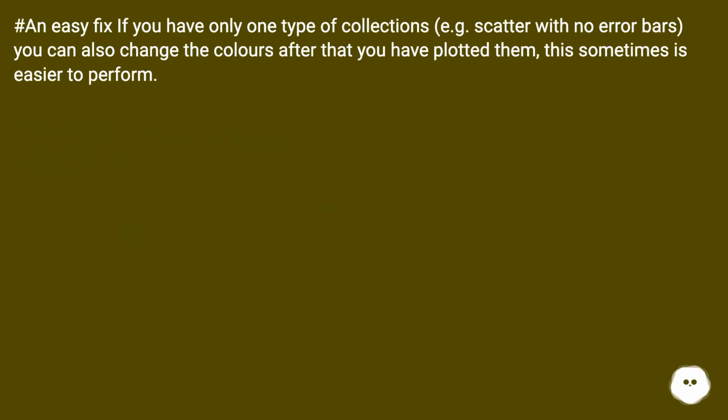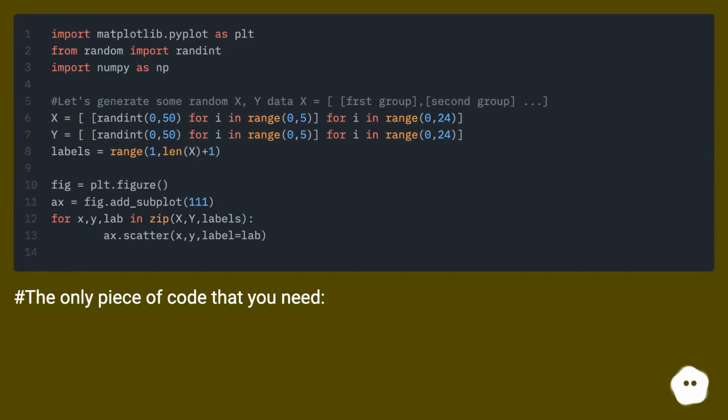An easy fix: if you have only one type of collection, e.g. scatter with no error bars, you can also change the colors after you have plotted them. This sometimes is easier to perform. The only piece of code that you need.